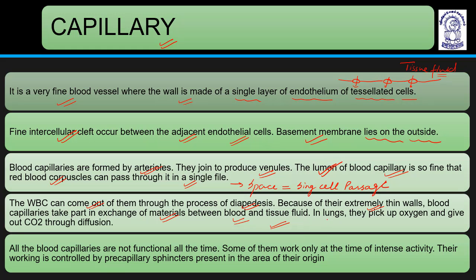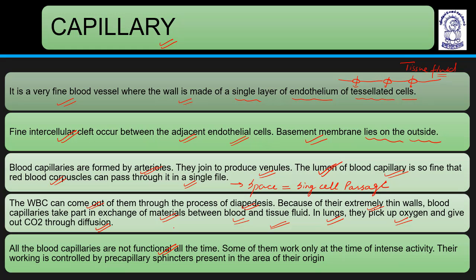In lungs, they pick up oxygen and give out CO2 through diffusion. Because of these capillaries, the alveolar part is highly rich for exchanging oxygen and CO2.